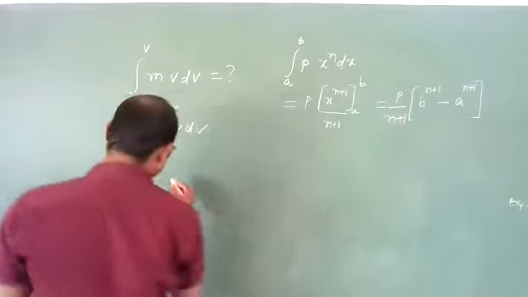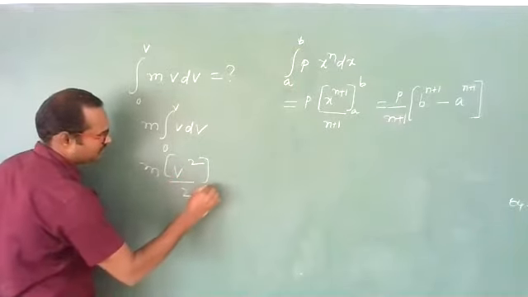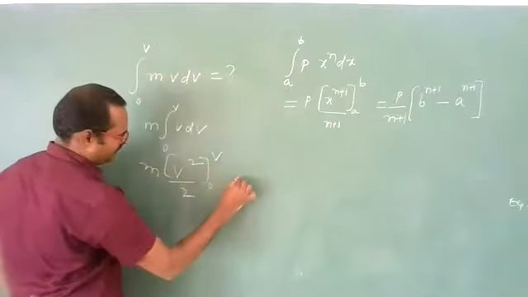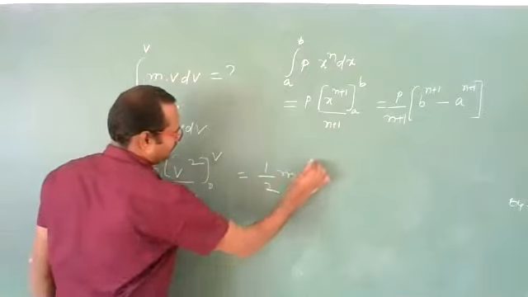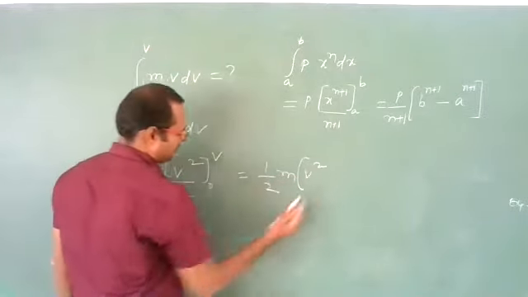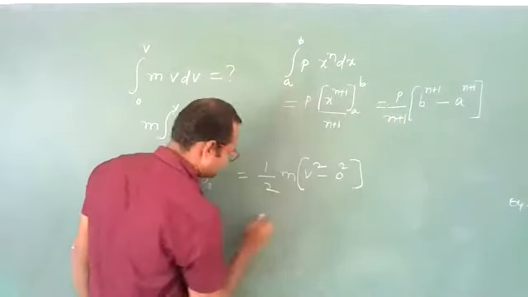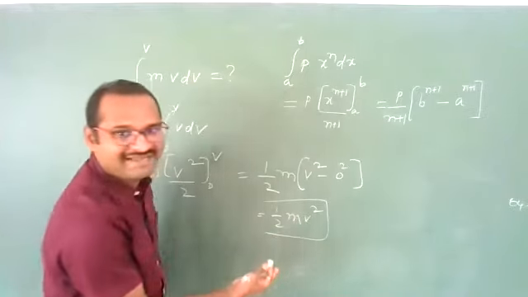Yes, good. v square by 2. v values are changing from 0 to V. You will get half m, upper limit: in the place of v, substitute V square. In the place of v, substitute 0 square. Yes, it is half m v square. What is this? Kinetic energy.